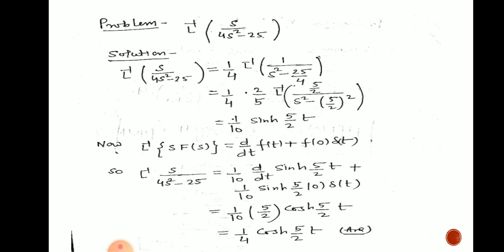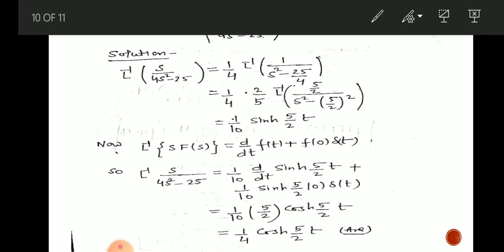Here we have to find Laplace inverse of s upon 4s square minus 25. Here we are applying the formula of multiplication by s. The formula of multiplication by s is d by dt of f(t) plus f(0) into delta(t).